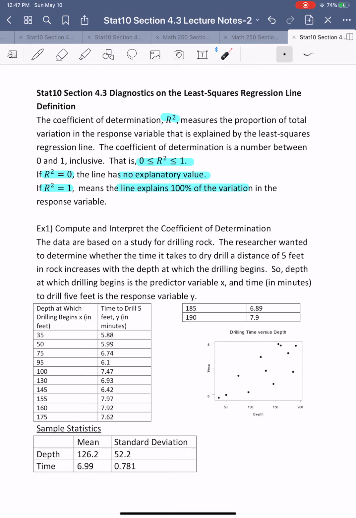The depth at which drilling begins is the predictor variable x, and time is the response variable y. These are the depths in feet, and this is the time in minutes. This is a scatter plot that I put in. I already gave you the mean depth and mean time, and the standard deviation for depth and time.